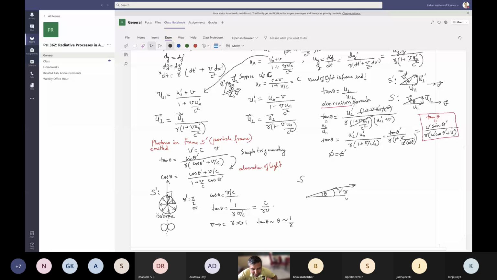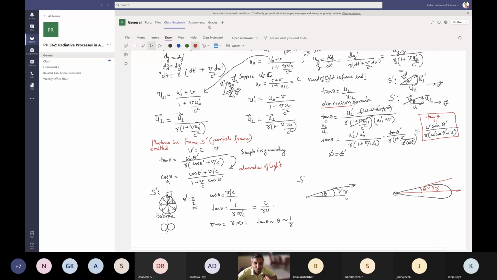The emission pattern in frame S prime was a circle. In this frame, the emission pattern would be like this. You recall we were talking about these emission patterns. So most of this light is at angle theta of order 1 by gamma.